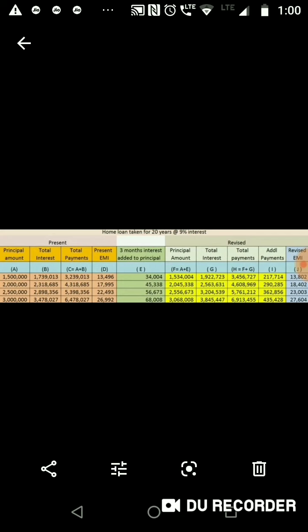If you utilize the moratorium benefit, then you have to pay 34 lakh 56,727, and the additional amount you are paying is 2 lakh 17,714 rupees. Because of these additional payments, the revised EMI is 13,802. If you want to keep the EMI the same as 13,496, then the number of months will increase. I am going to show that in the EMI calculator.